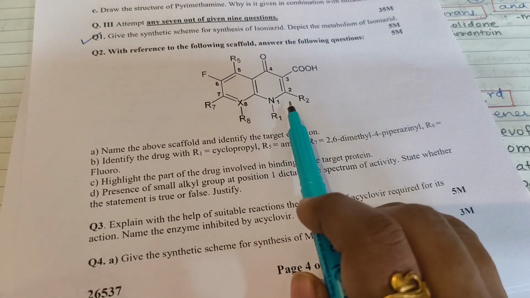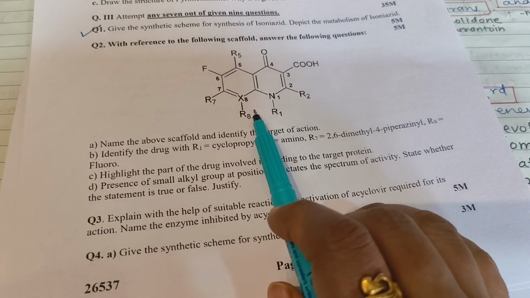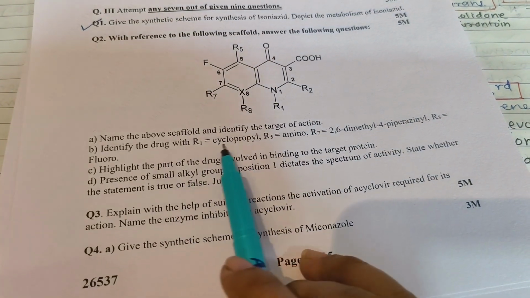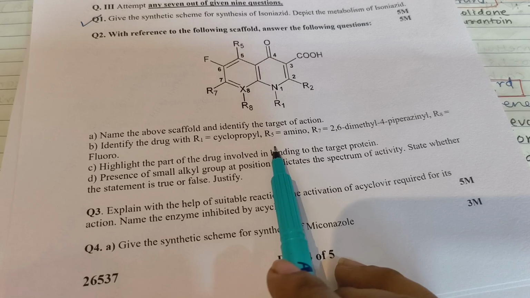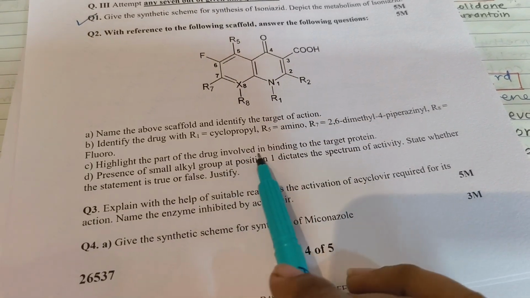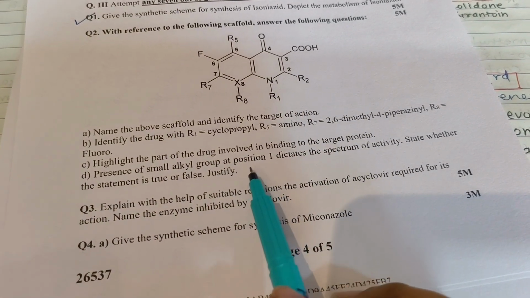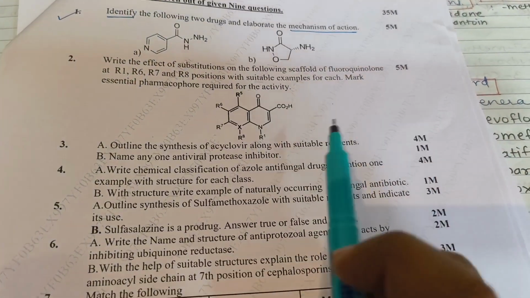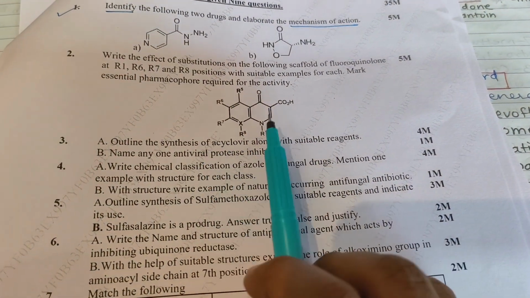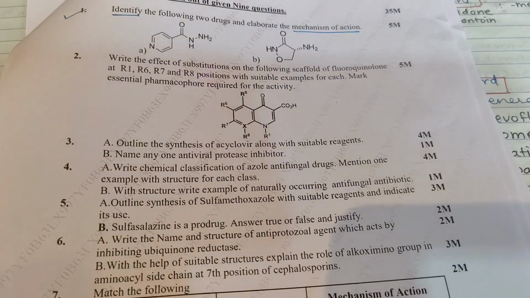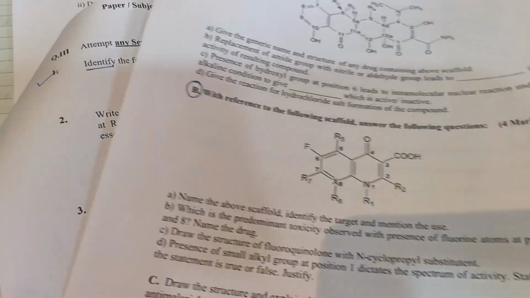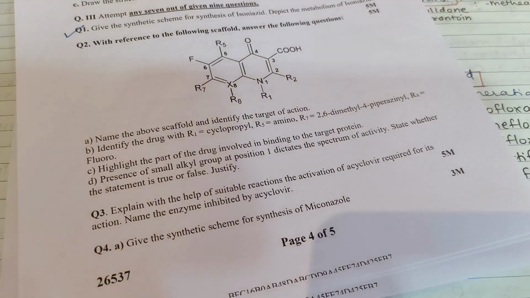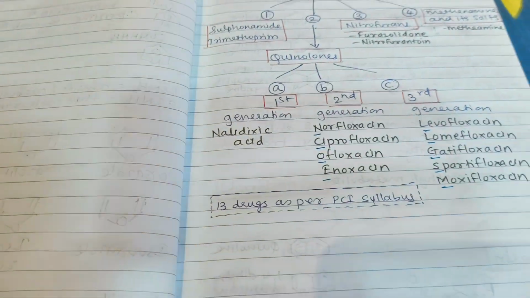You have to identify the scaffold, and after substitutions at the various positions stated in the question, identify the drug, and then talk about the targets and the activity. So the main questions from this chapter are on structure activity relationship. You can see the other question paper also. We will focus on the structures and how to remember them.